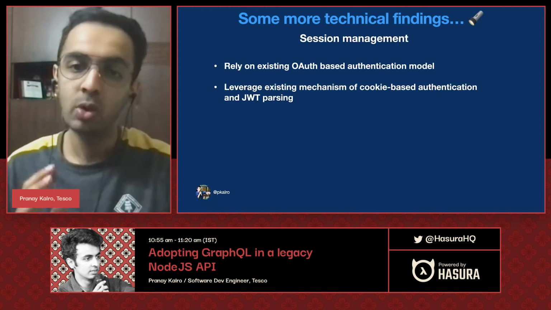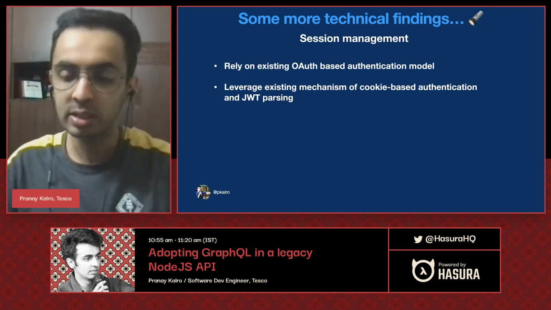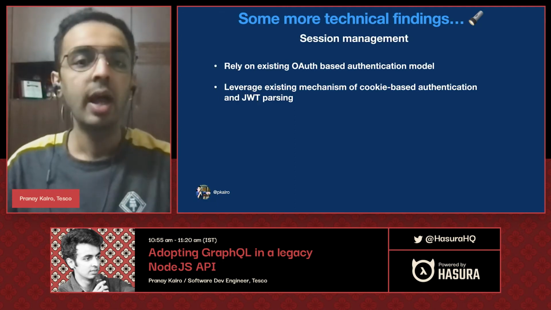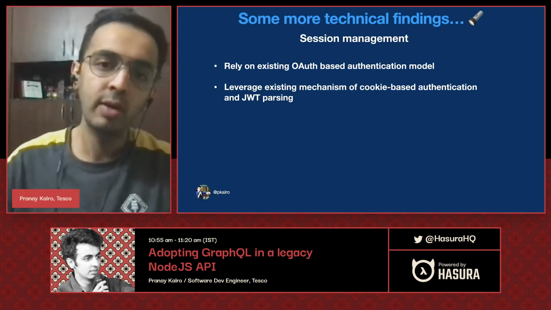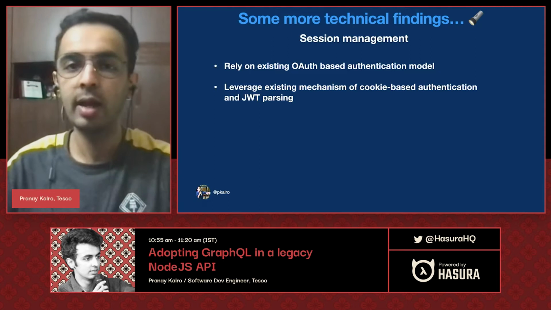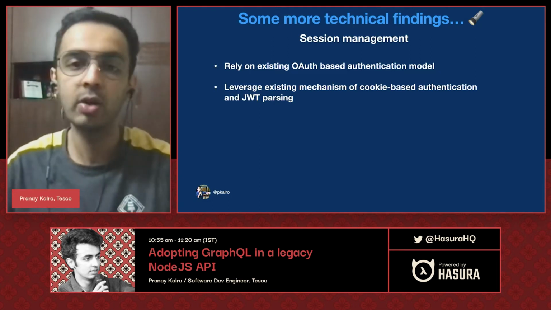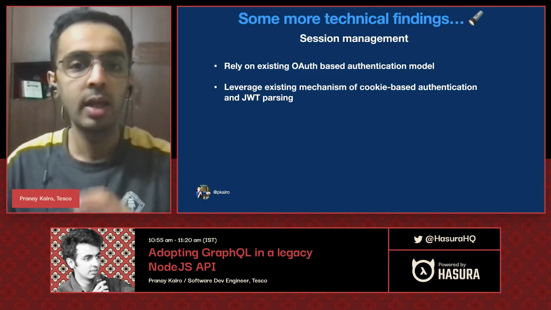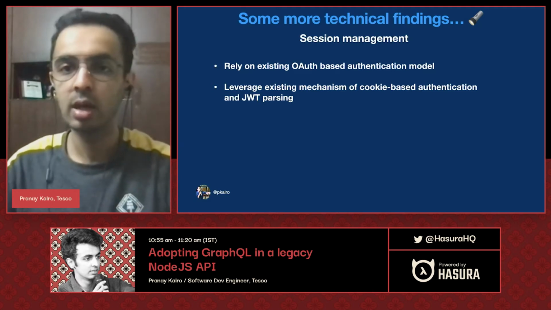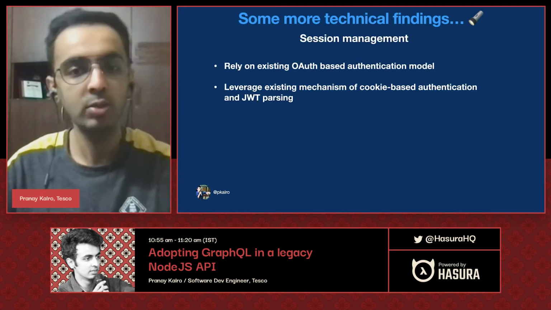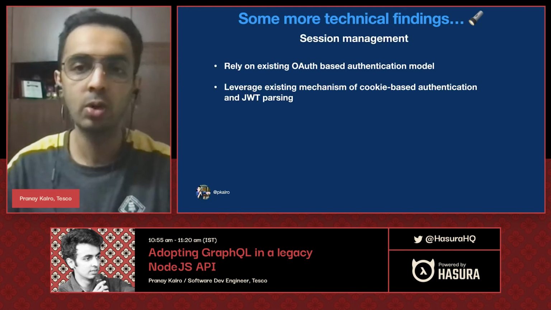So like I said, we wanted to rely on the existing authentication model around OAuth. When you have OAuth, there are multiple ways you can handle the JWTs. We were relying on a cookie-based authentication model, and we were parsing the JWTs in our Node.js API. So we wanted to continue with that. We didn't want to tinker around with that even a little bit.